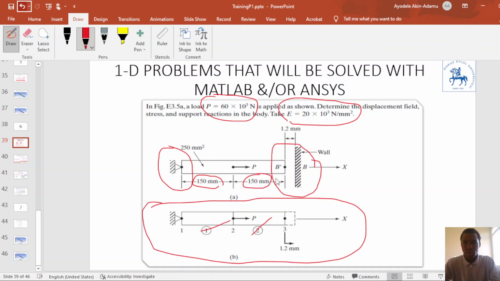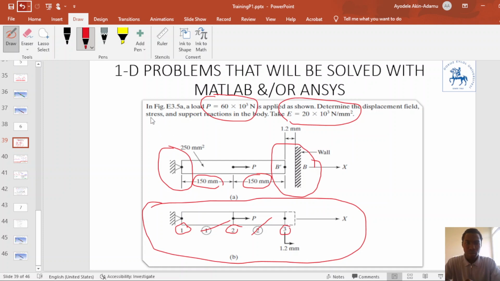So we're asked to determine the displacement field. That is the deformation or the displacement at node 1, at node 2, and at node 3 when a load of 60 kilonewton is applied at node 2 with a support at 1.2 mm from node 3.